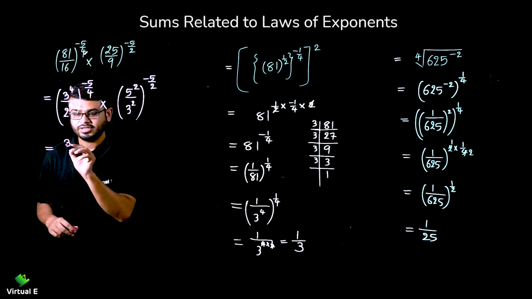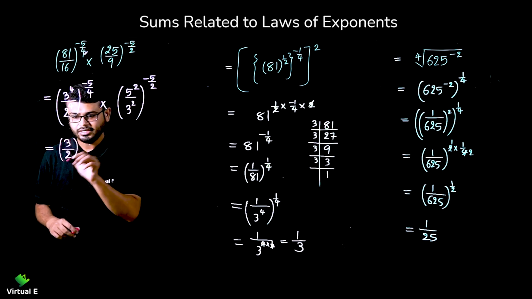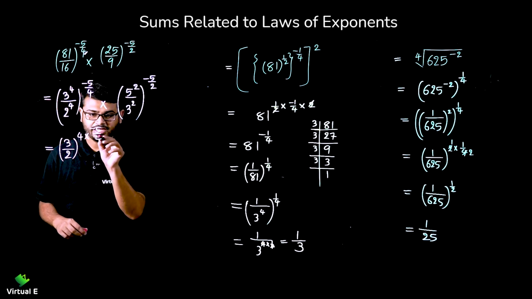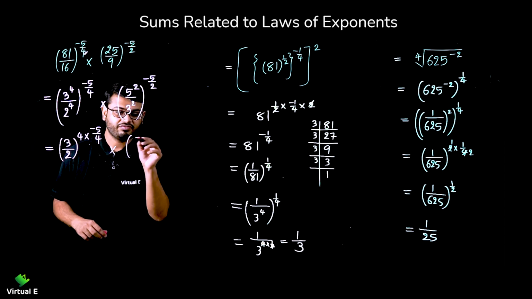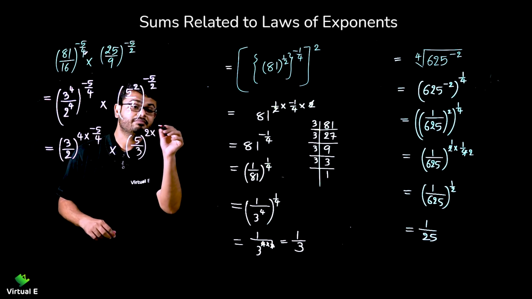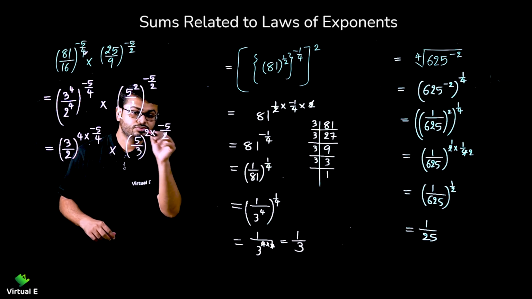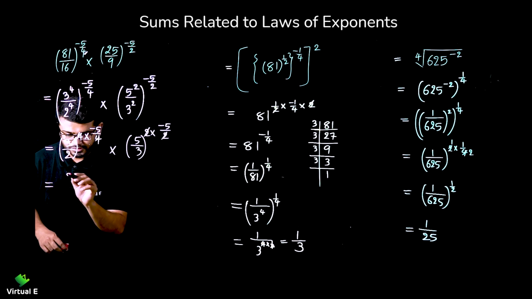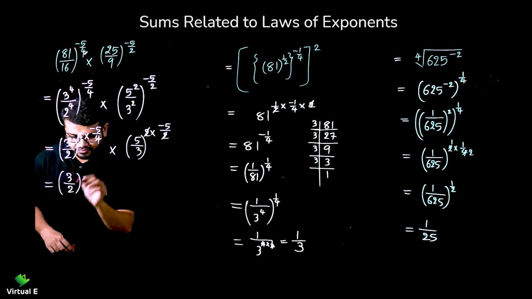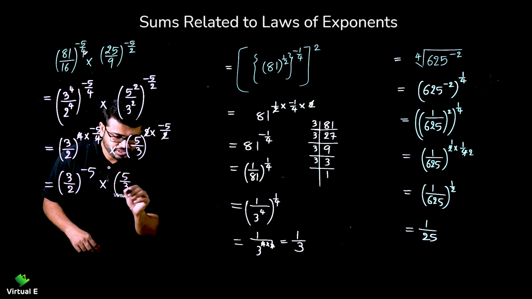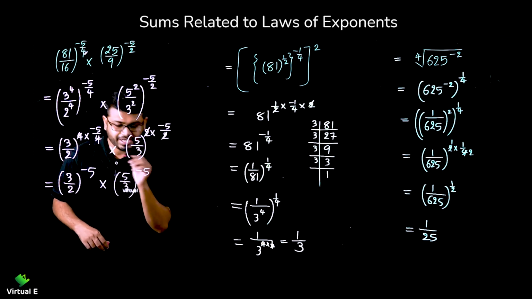So we can write 3 by 2 to the power 4 multiplied by minus 5 by 4, into 5 by 3, power 2 multiplied by minus 5 by 2. 2 and 2 cancel, 4 and 4 cancel. So see over here 3 by 2 raised to minus 5 and here 5 by 3 raised to minus 5.